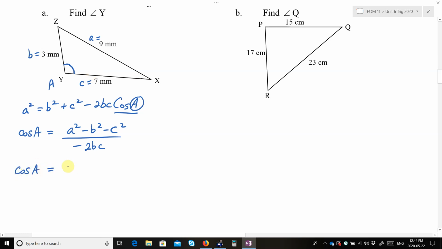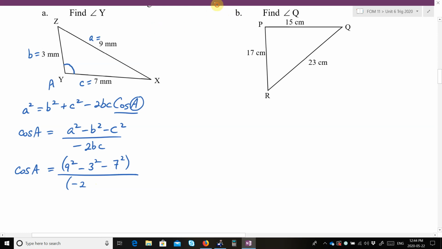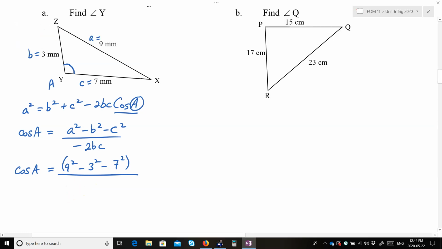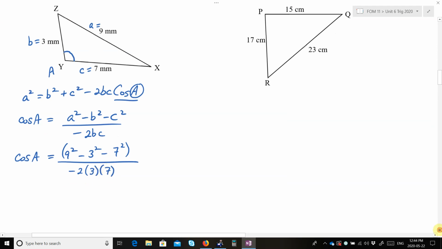And so now we can plug in our numbers. A is 9, so 9 squared minus 3 squared minus 7 squared divided by negative 2. I was just showing the brackets to kind of help with the calculator, but on the bottom we would go negative 2 times b is 3 and c is 7, like so.